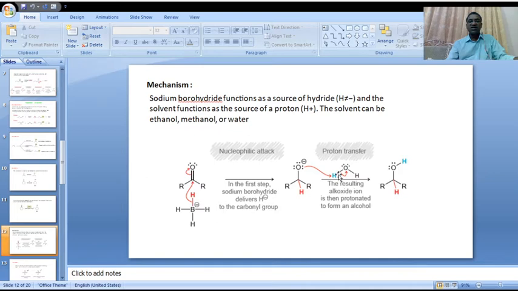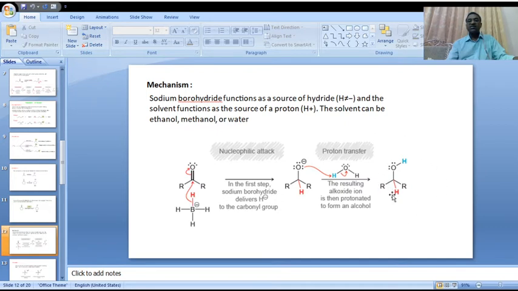That proton transfers from the water molecule. Here this O minus abstracts hydrogen from the water molecule and forms an OH bond. Finally we are getting a monohydric alcohol.